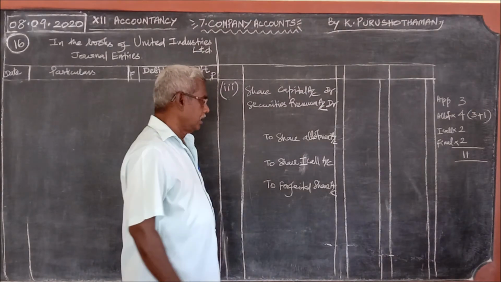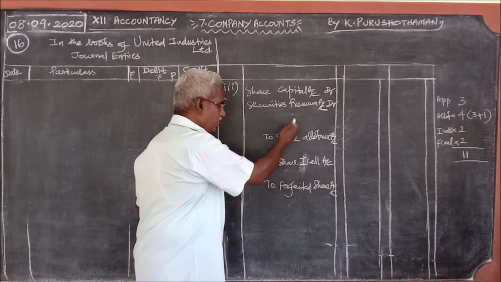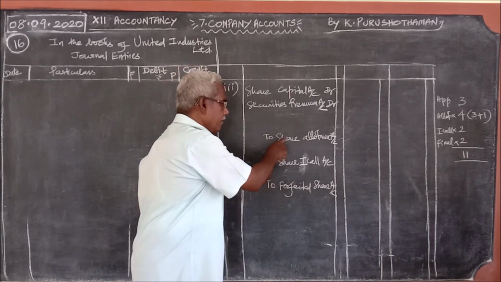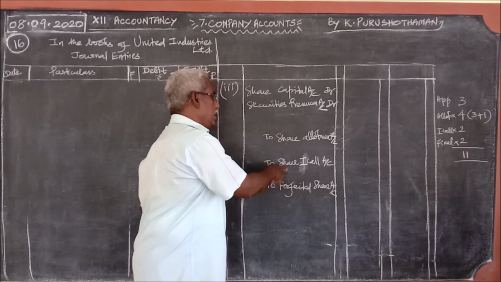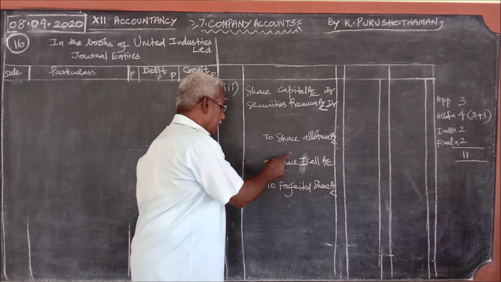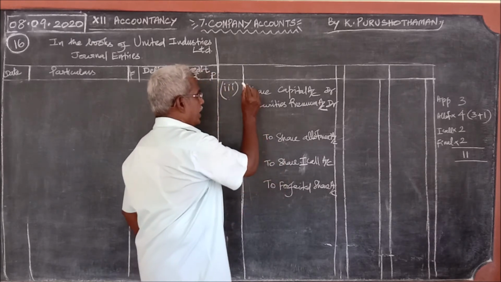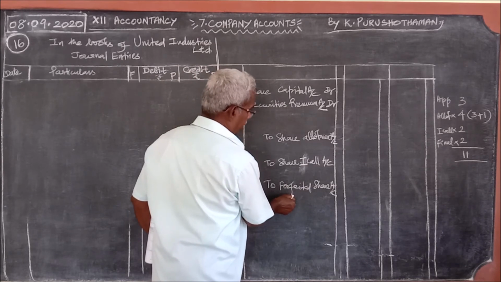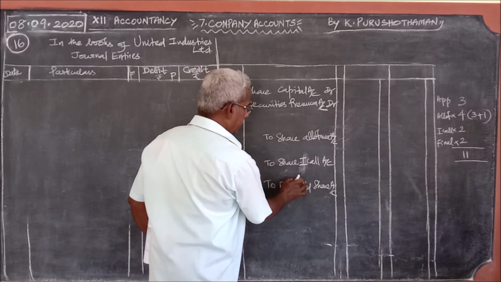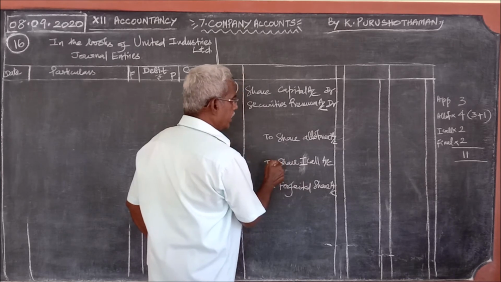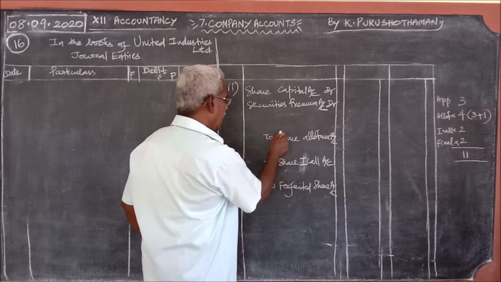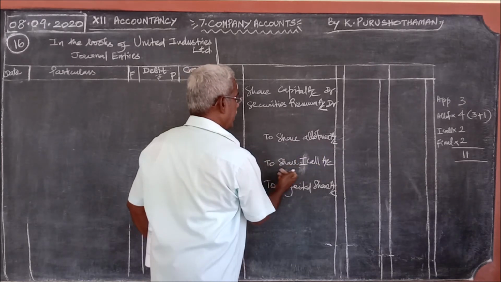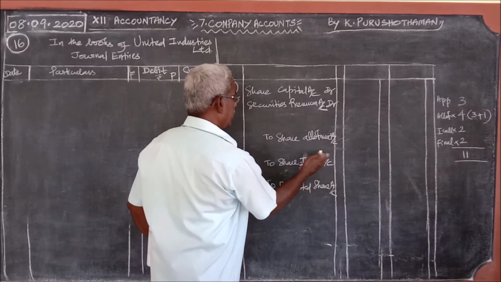Here these two stages are not paid. So we are writing the stage accounts for which the money is not paid, and also this. I said share capital on the debit and forfeited share on the credit. And some more entries should be written on the credit. What are those entries? The stage accounts: allotment money not paid, and the share first call account, that is first call money not paid.